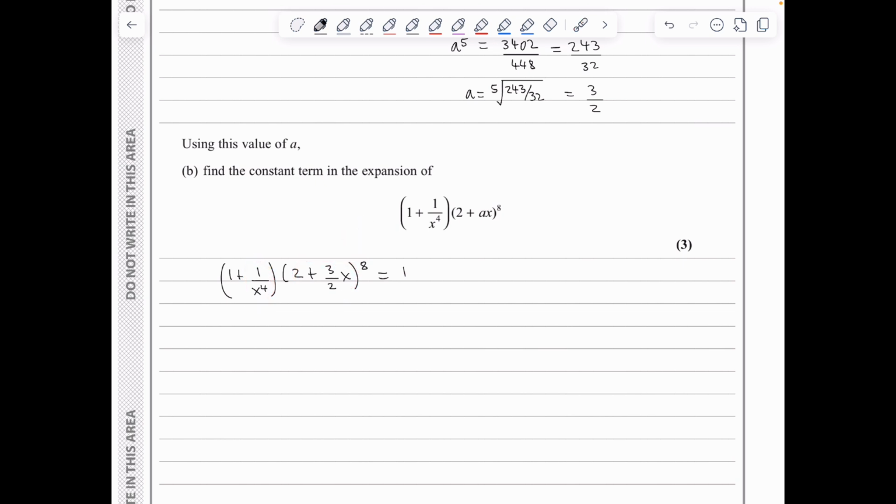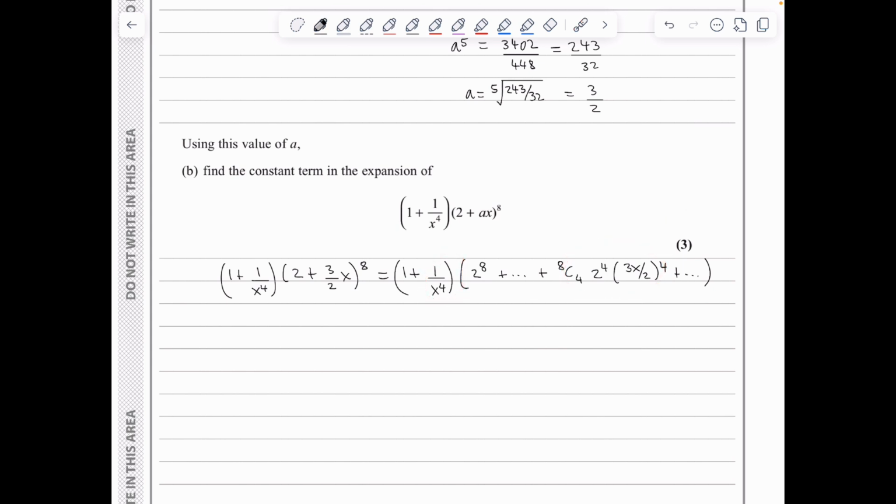So we're looking at 1 plus 1 over x to the power of 4, and then in the expansion of (2 plus 3x over 2) to the power of 8, we are looking at the first term being 2 to the 8, which is something I will need when I do 1 times 2 to the 8, because this is giving me a constant term, plus 8 choose 4, 2 to the power of 4, (3x over 2) raised to the power of 4, plus ... This will give me the x to the 4th term, which multiplied with 1 over x to the 4 will give me another constant term.